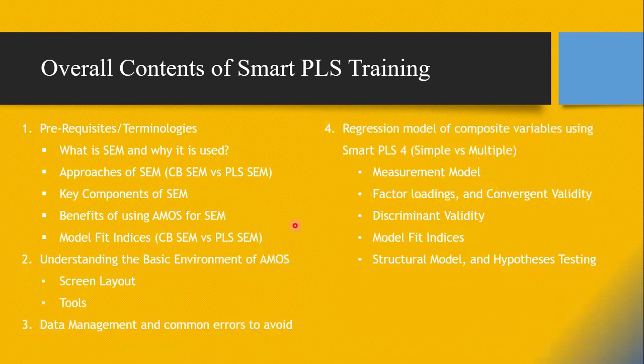Then we might use regression models of composite variables using Smart PLS 4, including simple versus multiple regression models. We might have estimations like the measurement model, factor loading and convergent validity, discriminant validity, model fit indices, and structural model and hypothesis testing.